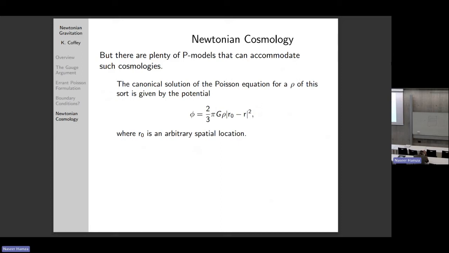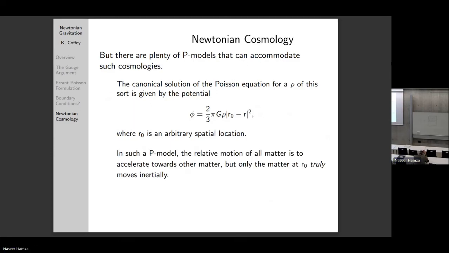Canonical solution of Poisson's equation for a matter distribution like this is this sort of gravitational potential where Rho just functions as some arbitrary spatial location. In such a P model, right, the relative motion of all matter is to accelerate towards other matter.